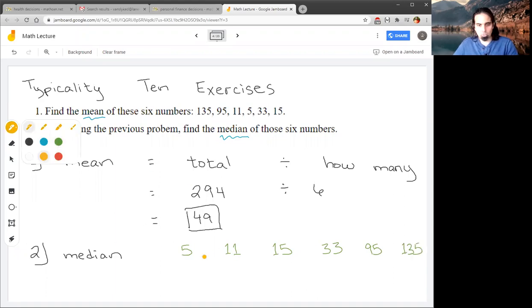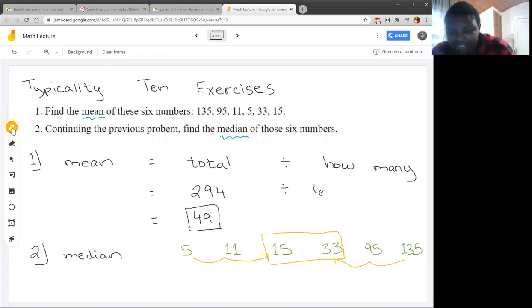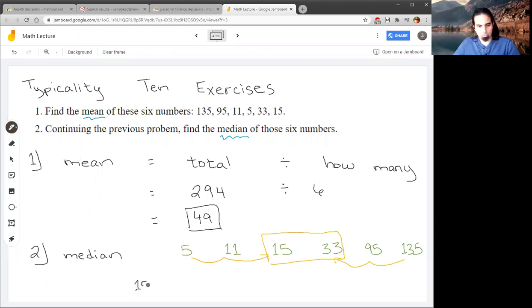Then we find the middle ones. So 15 and 33 are in the middle. And then you said you add them together and divide by 2? Yes, so 15 plus 33, and then divide by 2.